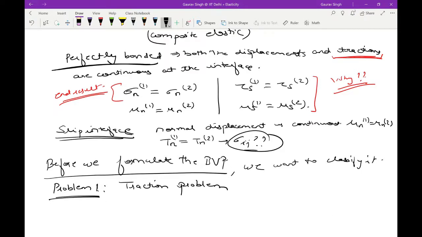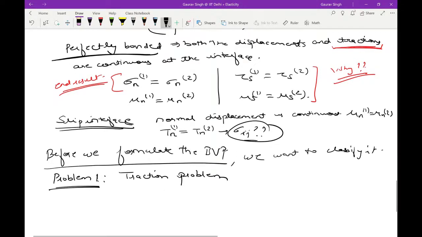Okay, so how is this problem defined? We have to find the distribution of displacement, strains and stresses in the interior of an elastic solid in equilibrium when the body forces are given and the distribution of traction is prescribed over the surface of the body. So this is how it looks like. The traction is specified over the surface of the body.